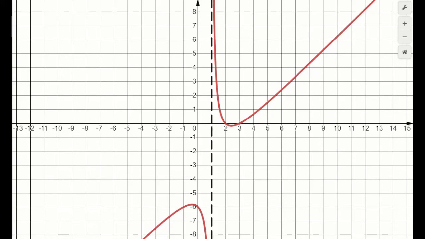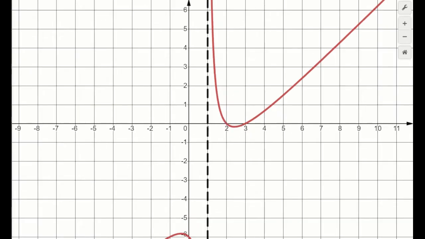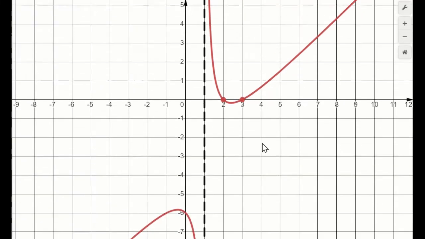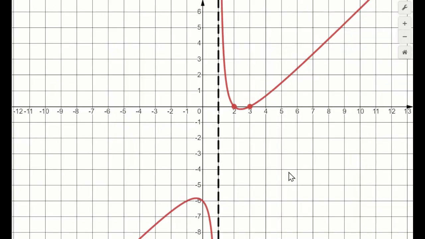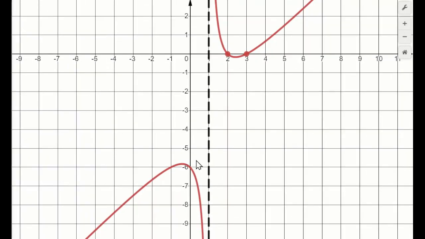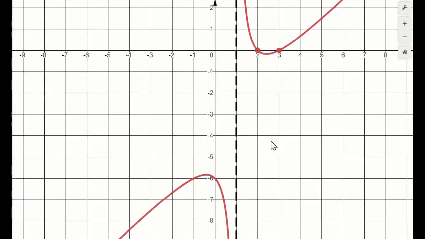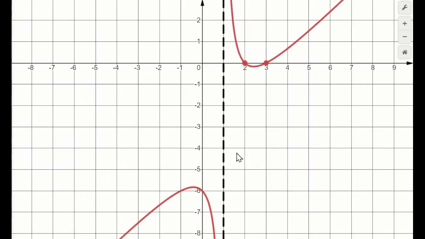Now let me put in those intersection points. We have one intersection point here, and we have another one at 3. Okay, so according to the result shown in the graph, let me put it in some view that makes it easy for us to view. We want the interval where the graph is below the x-axis.